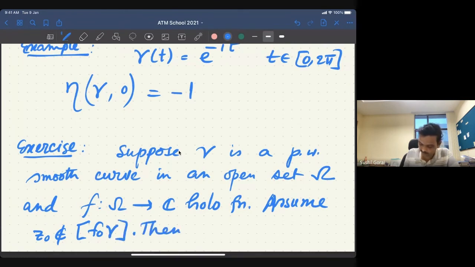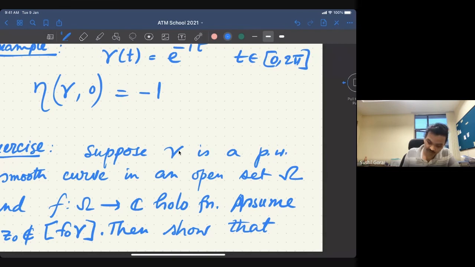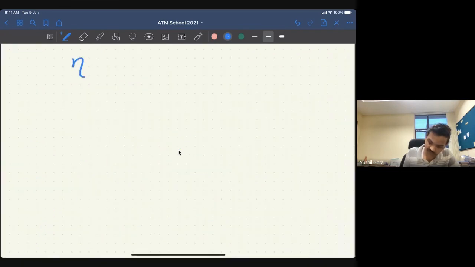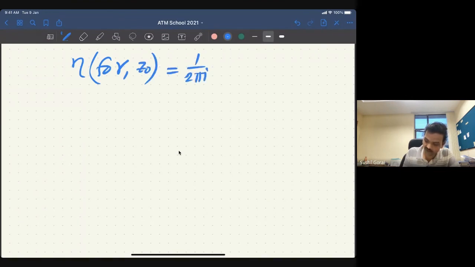Then show that the winding number of f composed with gamma at z0 can be given in terms of an integral formula like this: the integral of f'(z) by f(z) minus z0 dz.